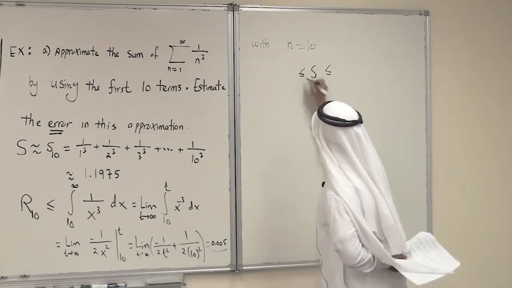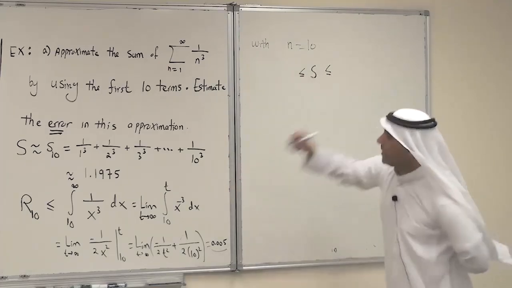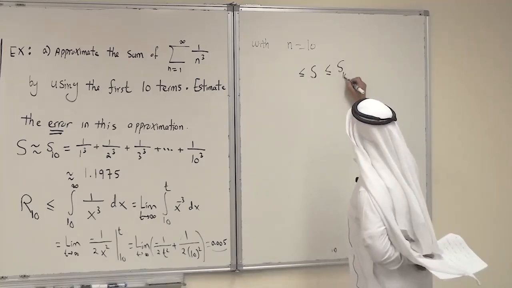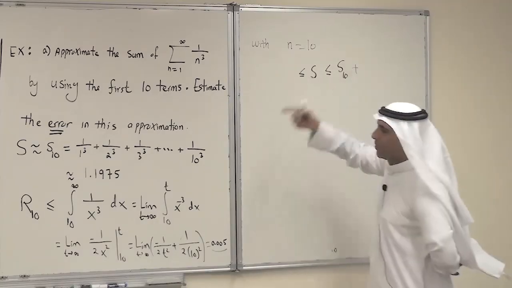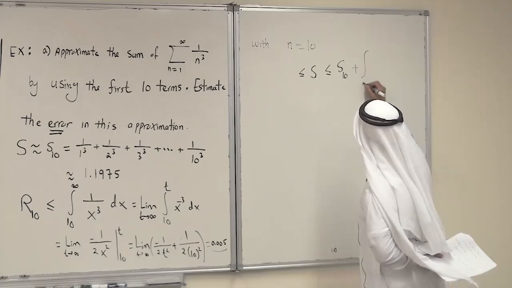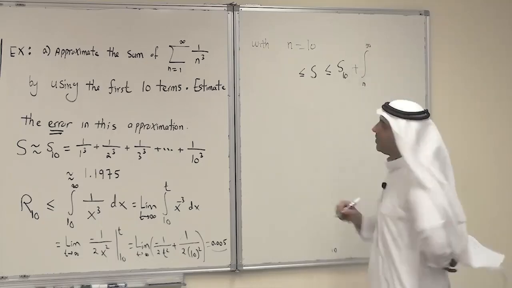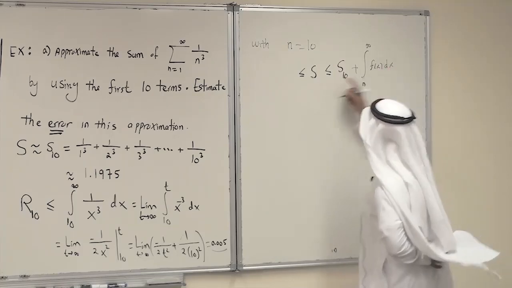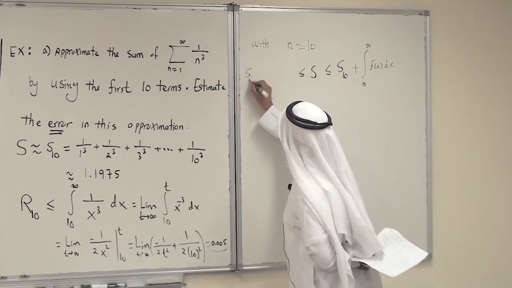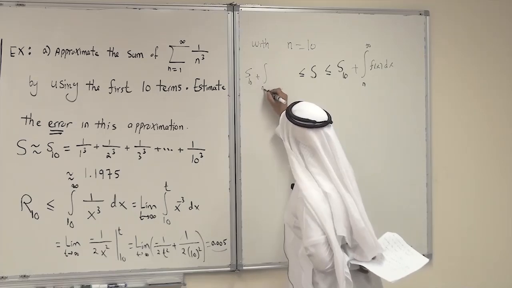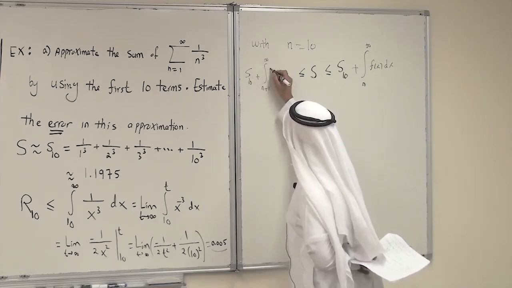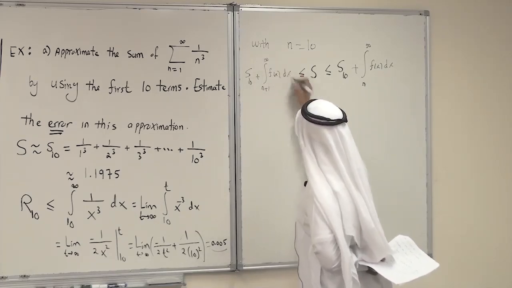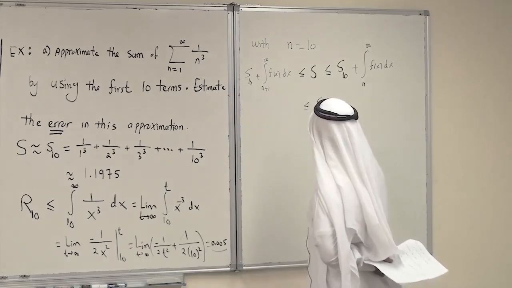According to what I wrote there, it is S10 plus R10, which is bounded between these two things: S10 plus the integral from n to infinity of f of x dx, and larger than S10 plus the integral from n plus 1 up to infinity of f of x dx.